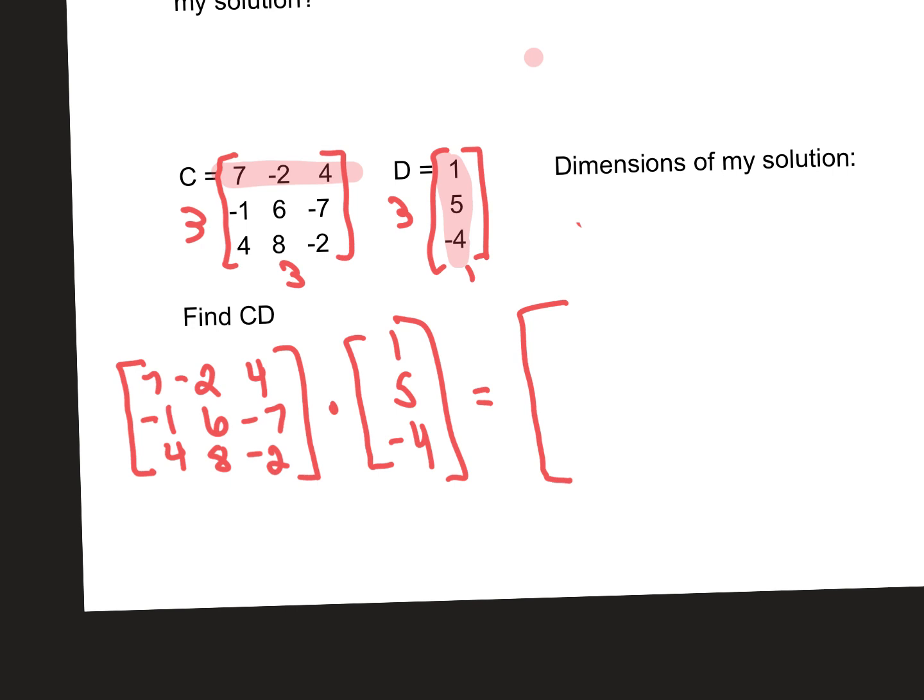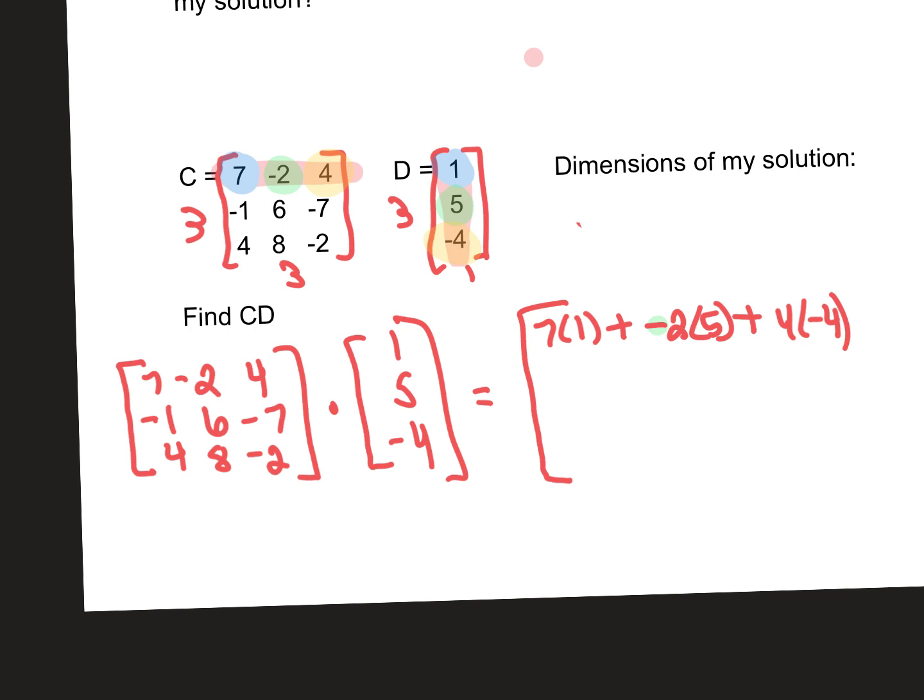So we are going to take 7 times 1, that's row 1, column 1, plus -2 times 5, plus 4 times -4.